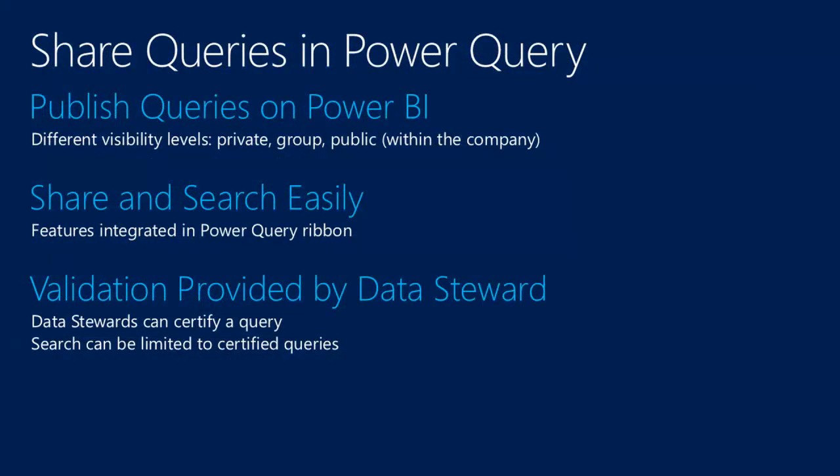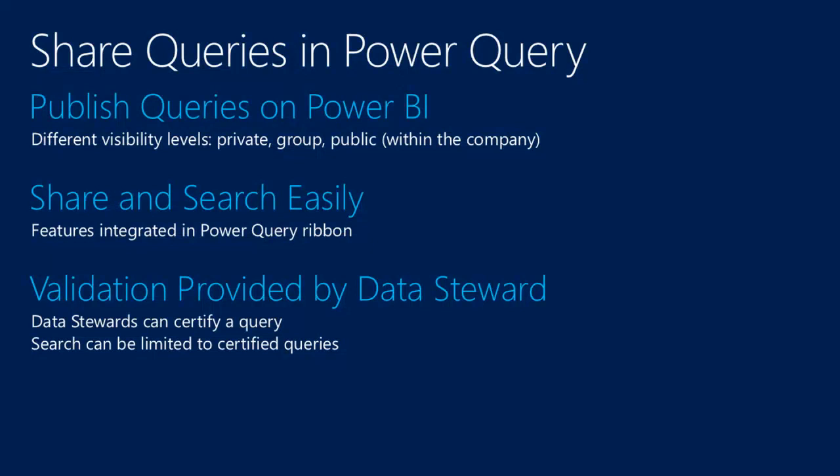We have seen that we can publish queries in Power BI. When you publish a query, you can specify the visibility level, and this is a security feature that has been explained in another Power Query session, fundamentally in order to avoid that you move data that should not be visible when the query folding is executed.